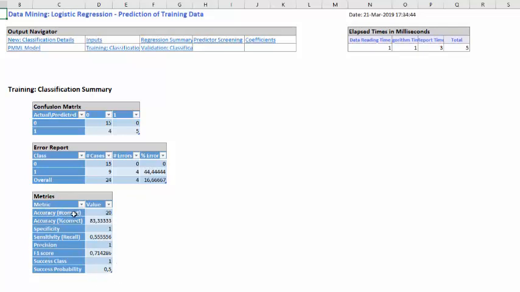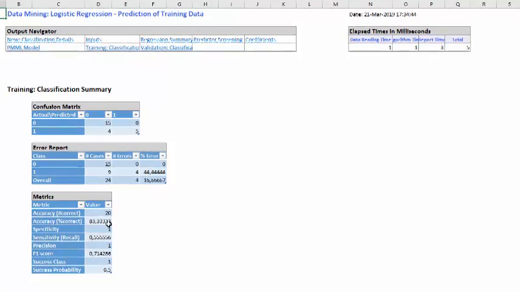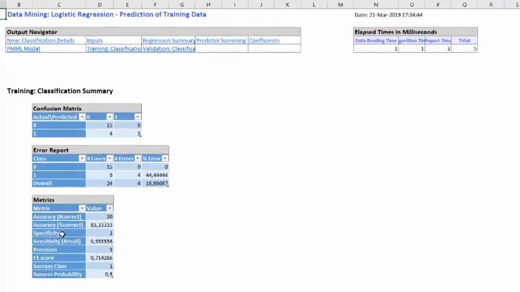The number of correct classifications is 20. We have here the percentage of accuracy, which is 83.33, which is 1 minus the overall error of 16.67. We have the specificity, which is 1 minus the class 0 error rate.